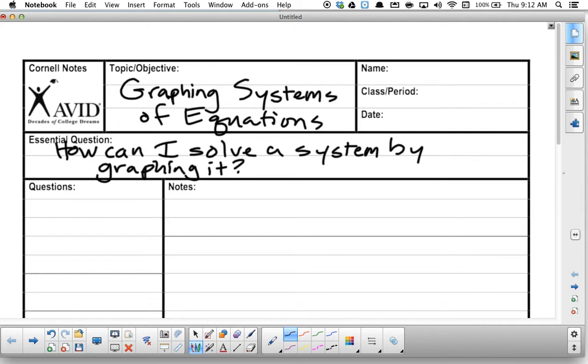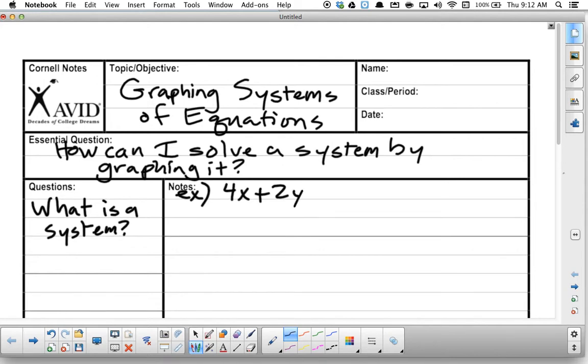All right, so the first big question that we're going to ask is, what is a system? And so I'm going to start with an example. An example of a system is something like 4x plus 2y equals 3 and y equals 2x minus 4.